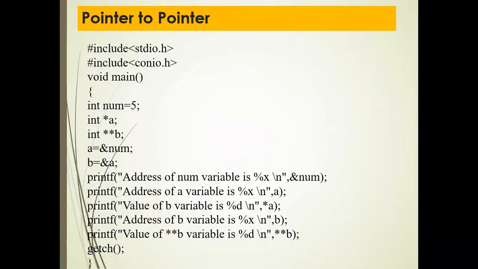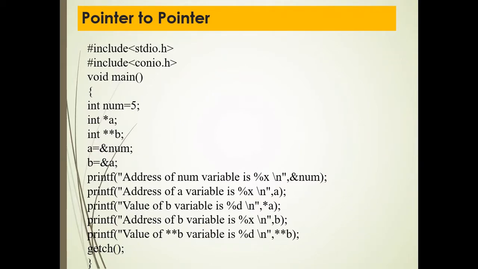Now the next statement is the value of a, which will be printed by asterisk a, meaning value at a. It contains the address of num. So here it will print the value of num, that is 5, because the b variable contains the address of a, and a contains the address of num.